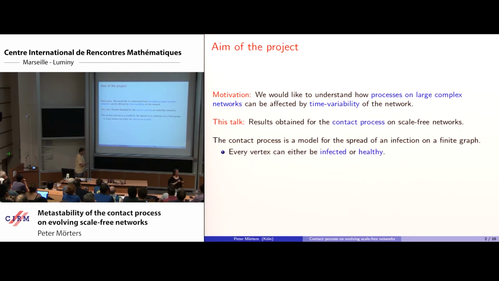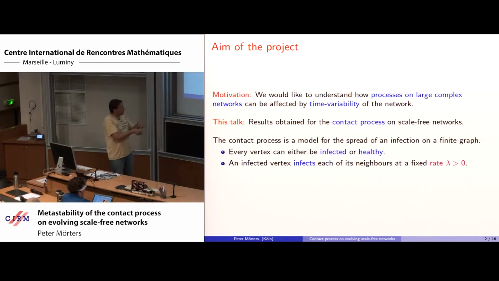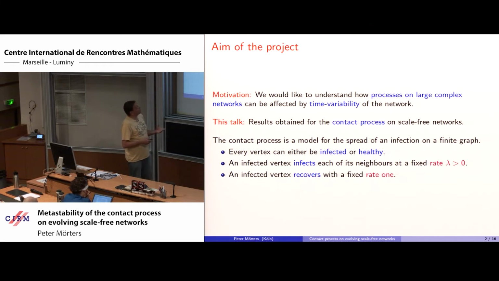In this case, every vertex of the graph you can think of as an individual, and that can be either healthy or infected. An infected vertex infects each of its neighbors in the graph at a fixed rate lambda, positive, and every infected vertex recovers with a fixed rate that we set to 1.